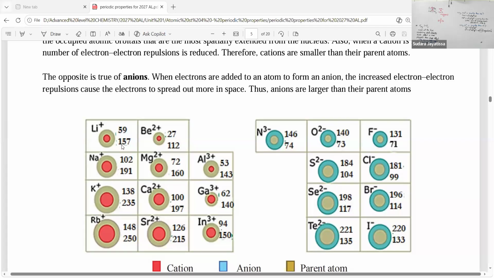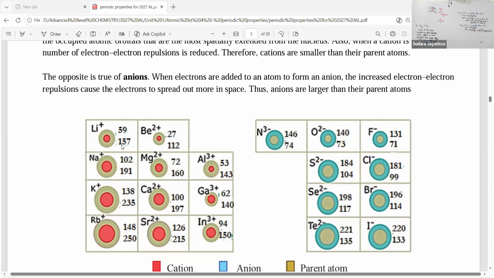Now apply that one for our cations. See in which places it fails. You take lithium 59, beryllium 27, sodium 102, magnesium 72. That is okay. Then sodium, magnesium, potassium, calcium, it is breaking.